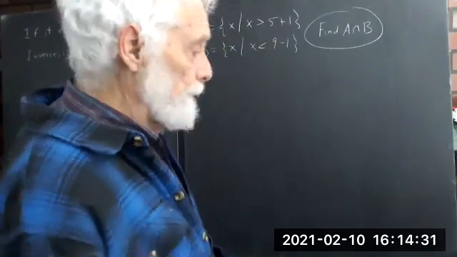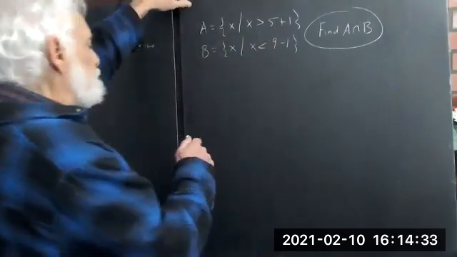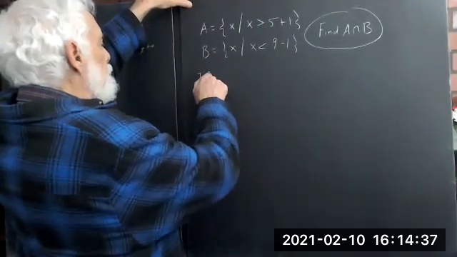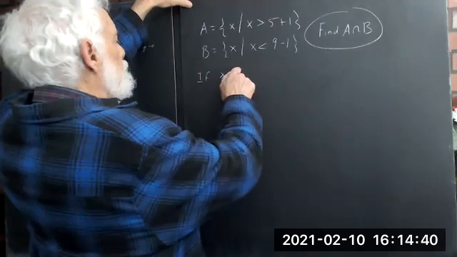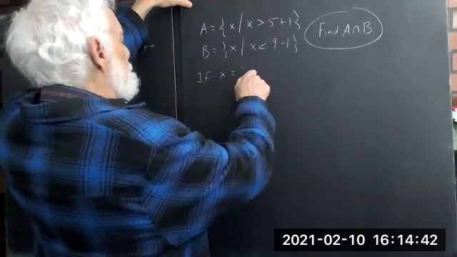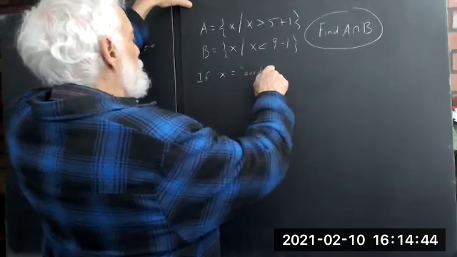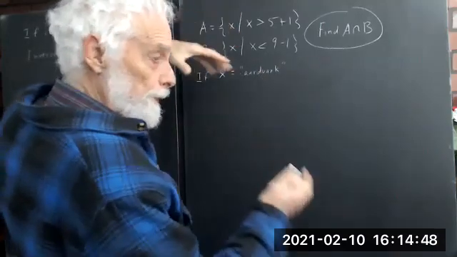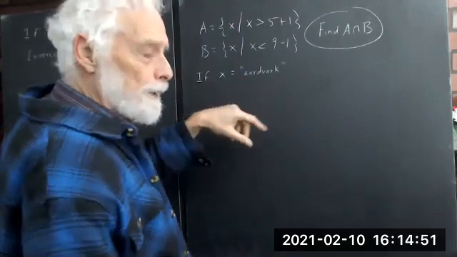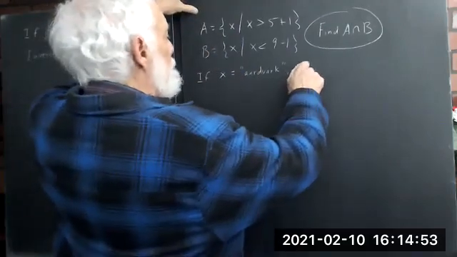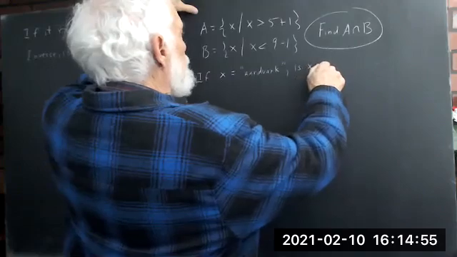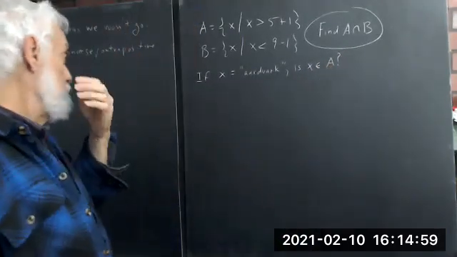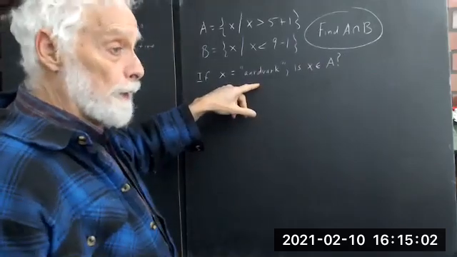Is X in the set A if X equals the word aardvark, the first word in the dictionary back when we had dictionaries that had pages? Well, X is the word aardvark.